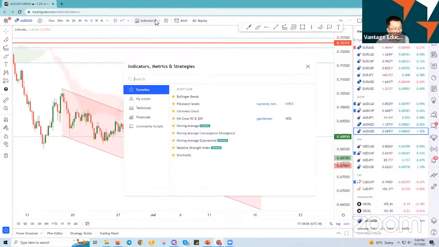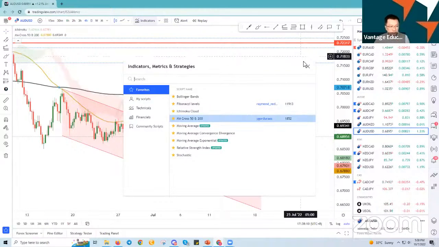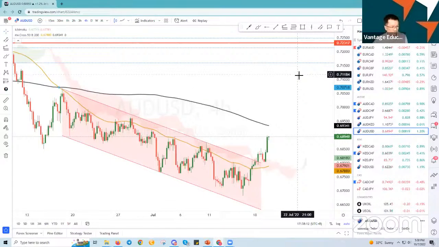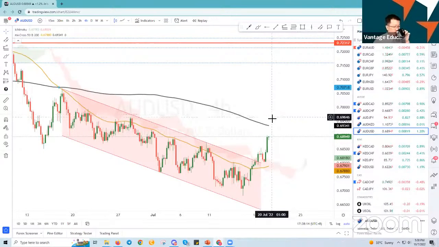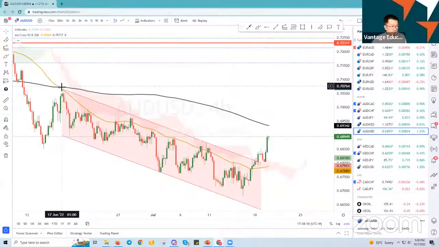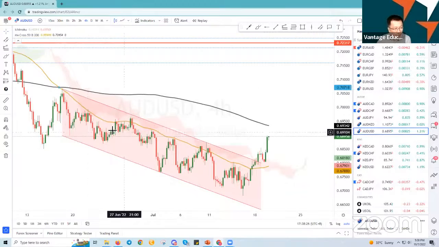And then I'll add in one more. The 50 and the 200 MA. You can see here, as the 50 crosses below that 200 MA towards the downside, we can see price tracking lower.